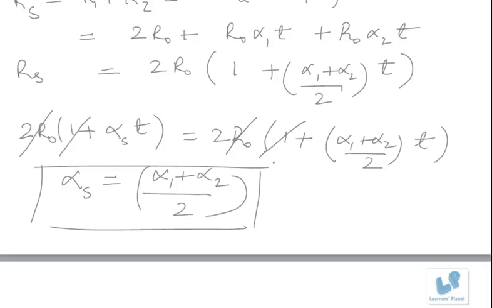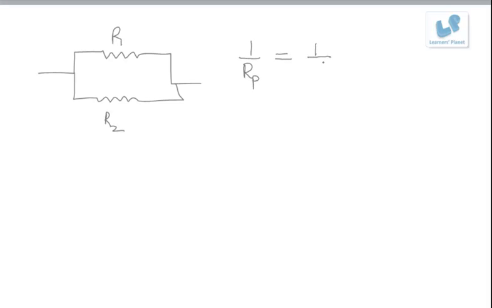Okay, now let us do it for the parallel combination. So when you connect them in parallel, this is R1, this is R2. Okay, so resistance in parallel is given by 1 upon Rp is equal to 1 upon R1 plus 1 upon R2.